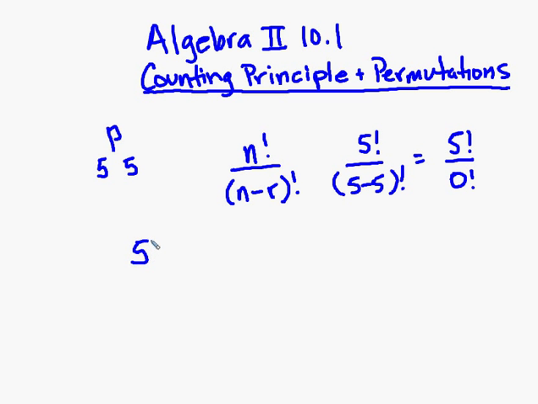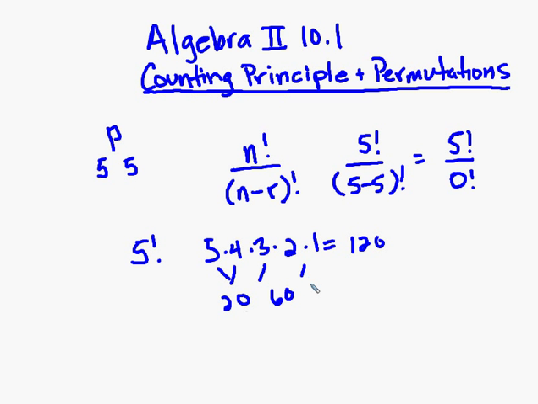So we're just left with 5 factorial as the answer, which is 5 times 4 times 3 times 2 times 1, which is 120. Let's just double check. 5 times 4 is 20, times 3 is 60, times 2 is 120, times 1 is 120. And there's our answer.